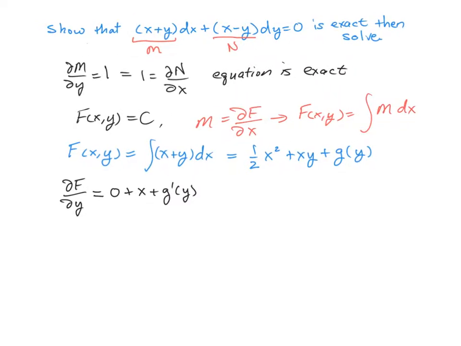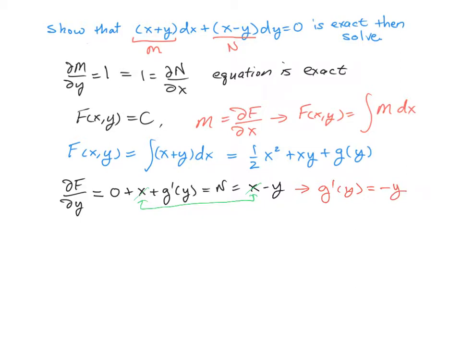And again, this must be equal to our N, which is equal to x minus y. And when you do this comparison, you will always notice that your x terms are going to match perfectly, and in essence, they cancel out. So this is going to force the g prime of y to be equal to negative y.